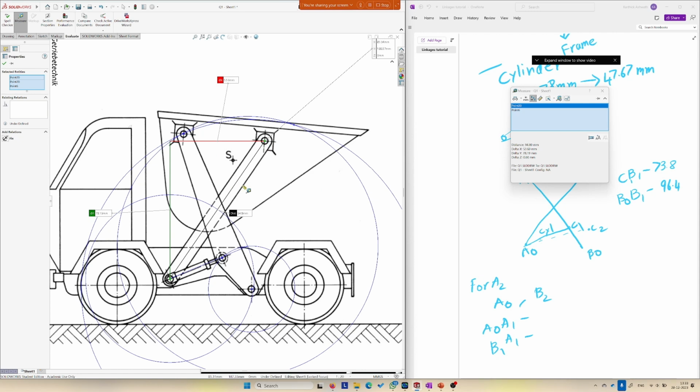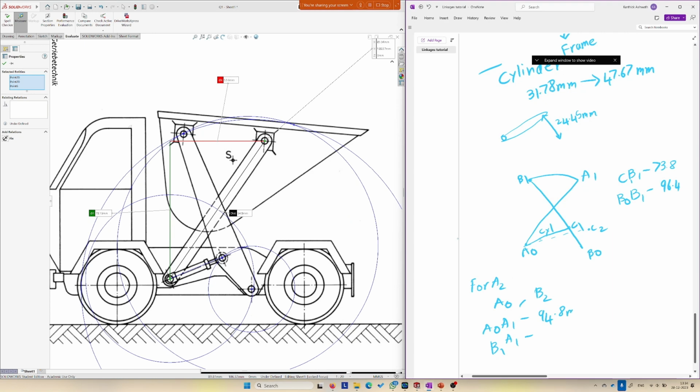One question. What is your question? So the question is, for the A2 part, to determine the location of A2, we took the main distance between A naught and A1, and draw a circle around A naught, right?